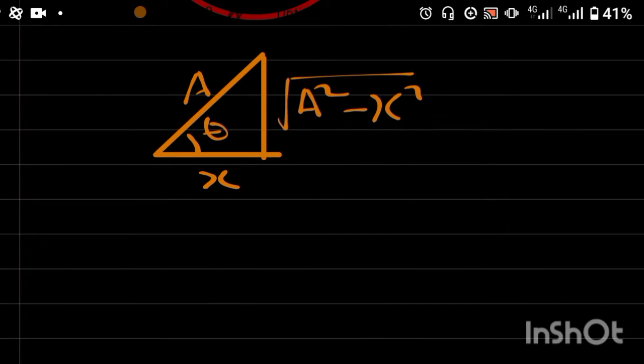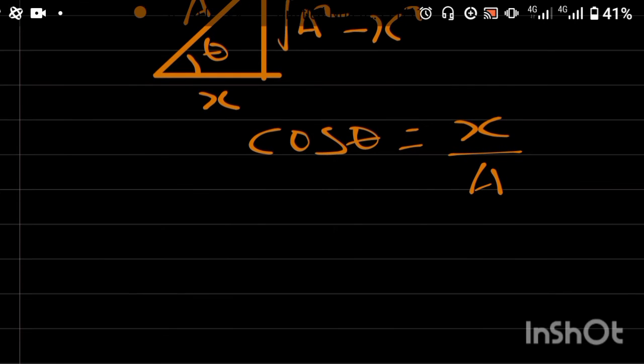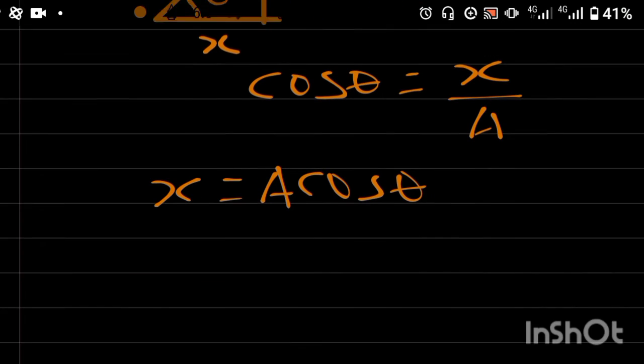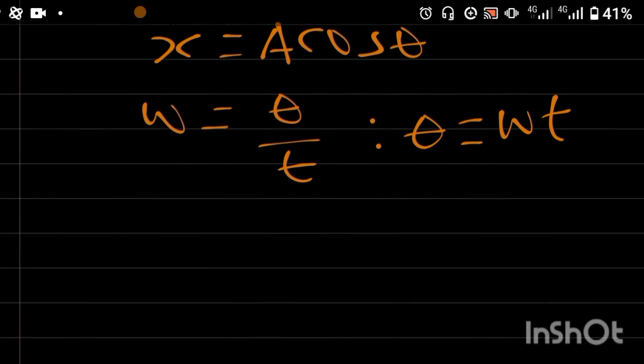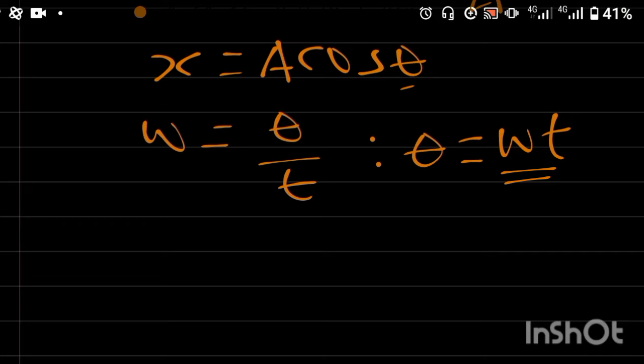Let's evaluate cos theta. Cos theta is equal to x over A. Therefore, x is equal to A cos theta. But don't forget that omega is equal to theta over time, angular displacement over time. Therefore, the angular displacement is equal to omega t. We are going to substitute this in place of theta.